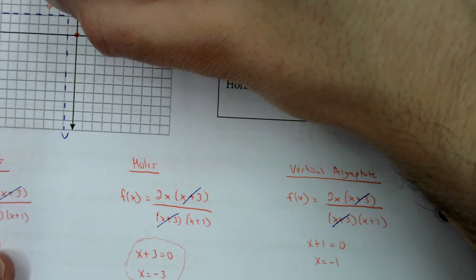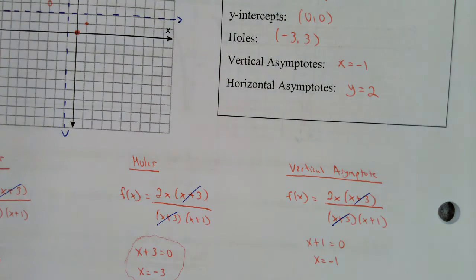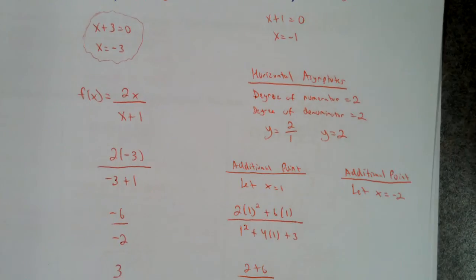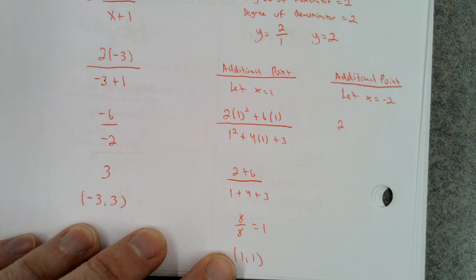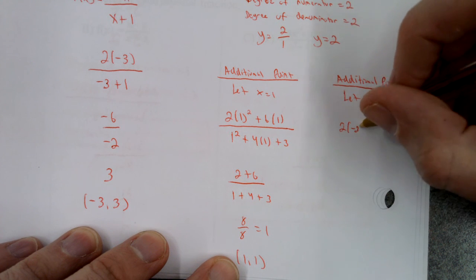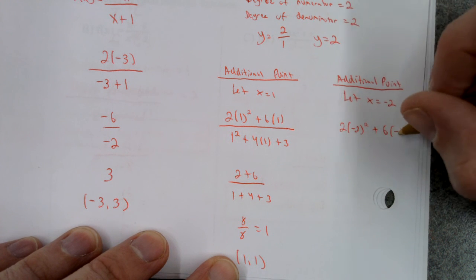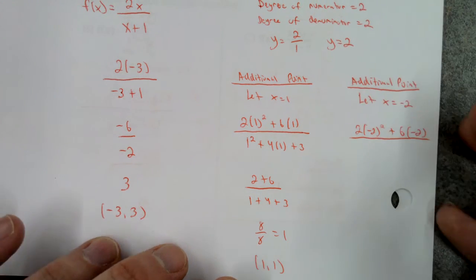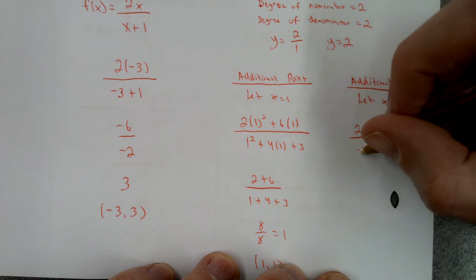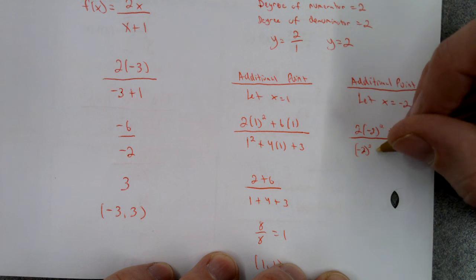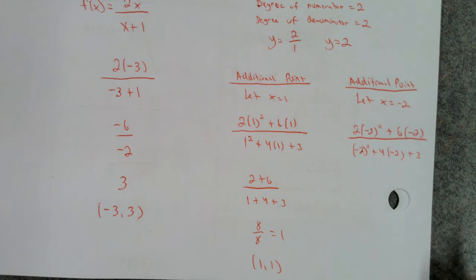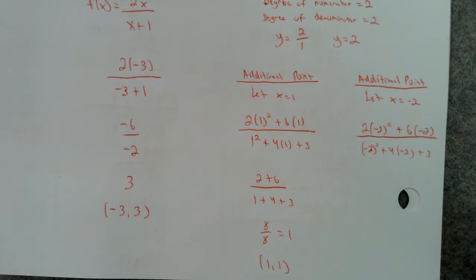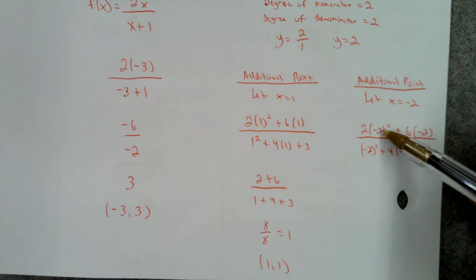My other additional point, let's do x equals negative 2, I said. So it's going to be 2 times x squared, so 2 times negative 2 squared, plus 6 times x, so plus 6 times negative 2, over x squared, so negative 2 squared, plus 4 times negative 2, plus 3. Okay? You've got to be careful with the order of operations. Negative 2 squared is 4, times 2 is 8.